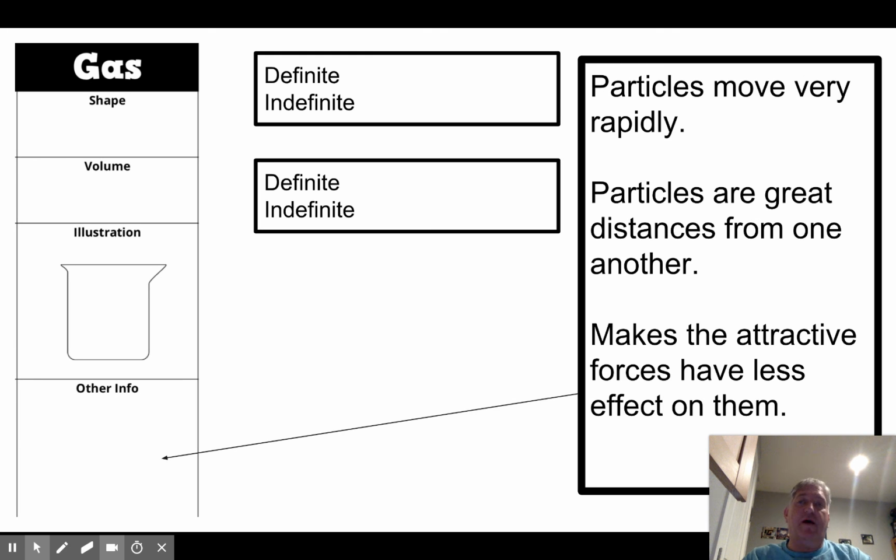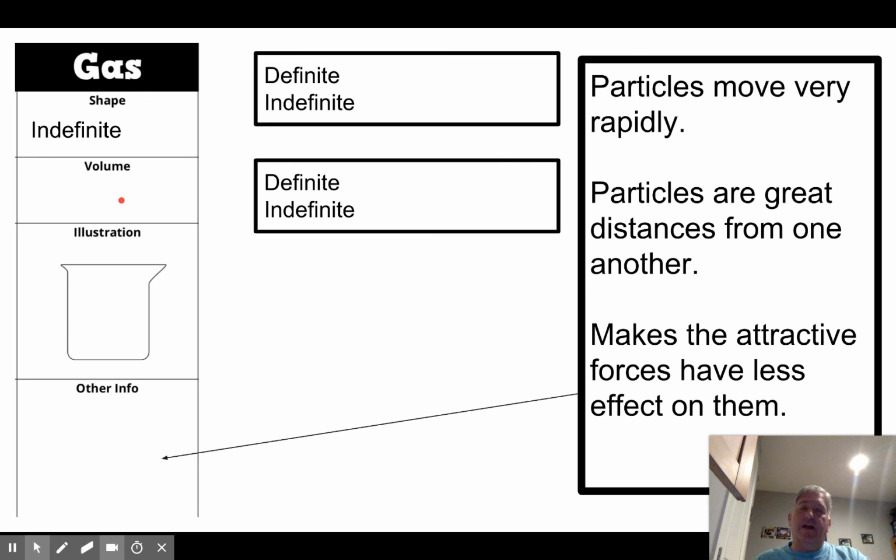Now we're talking about gas. The particles move very rapidly. They're a great distance from one another, and this makes the attractive forces not hold them as easily. So the question is, does gas have a definite or an indefinite shape? Well, if liquids have an indefinite shape, it's safe to say that gas has an indefinite shape.